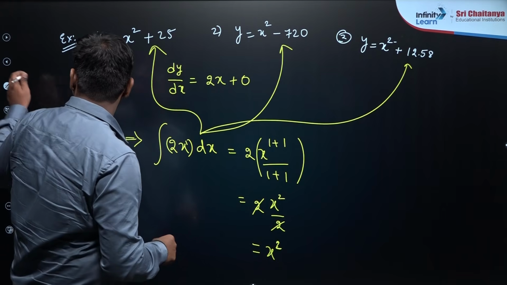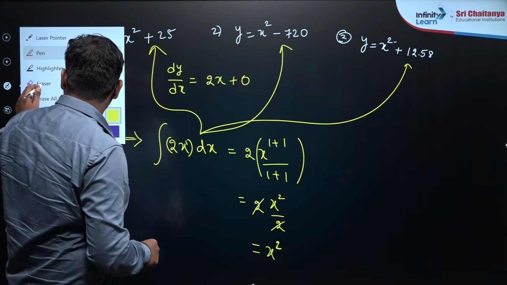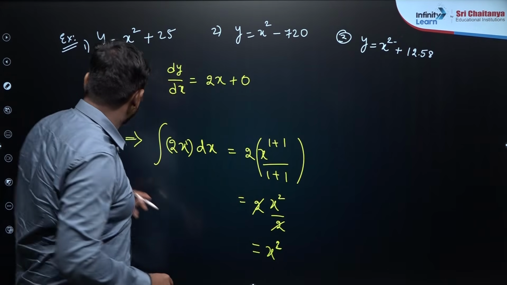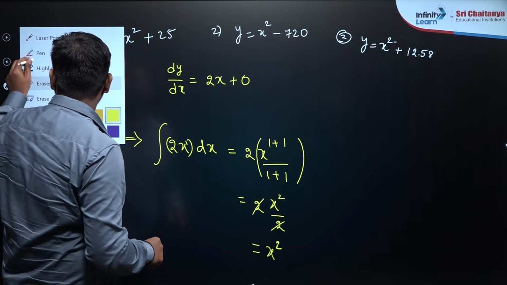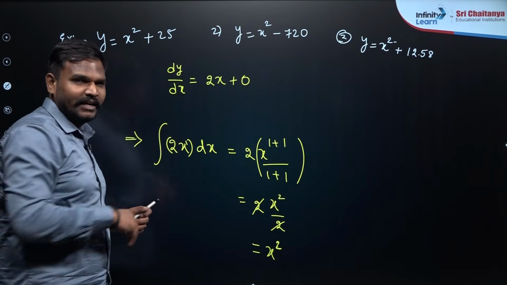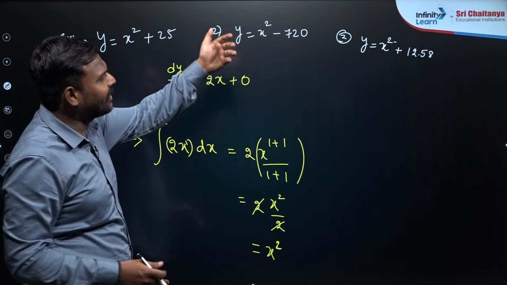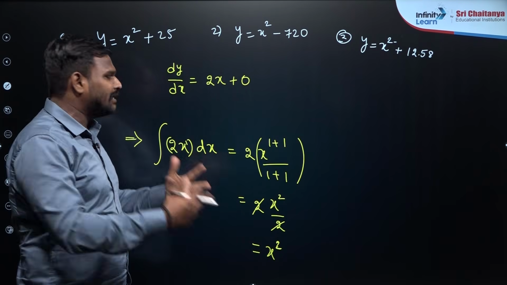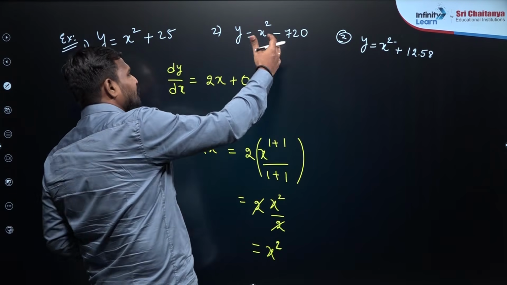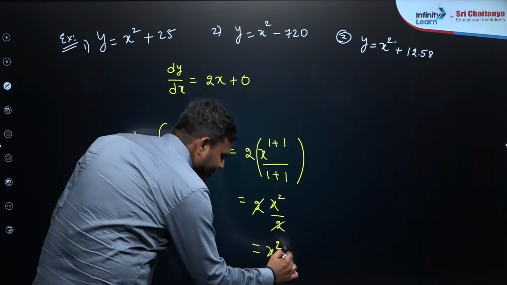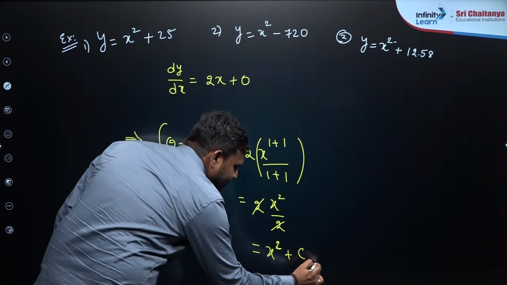Is that clear? So just because the constant died in differentiation, it became 0. Correct, sir? So we can't retrieve that information back. So that is why what we will do, just to pay some respect to the constant which died in the differentiation, we will write plus c.